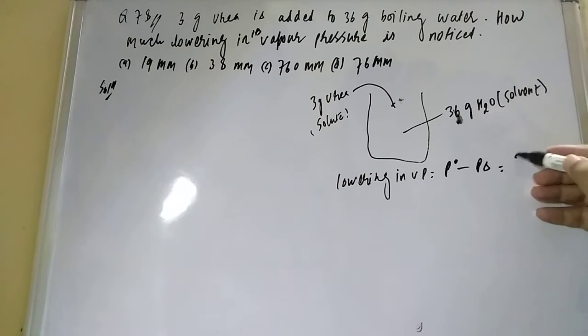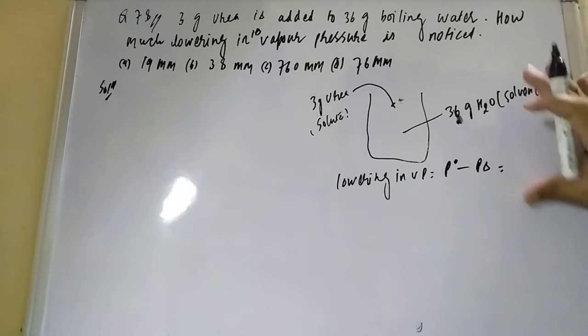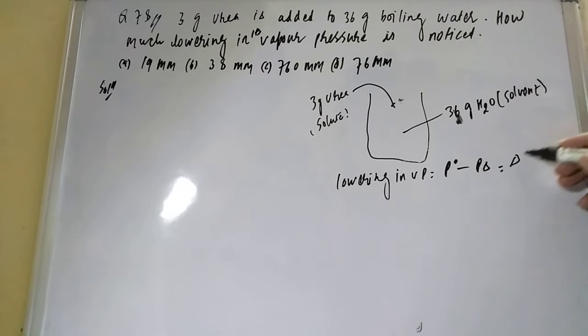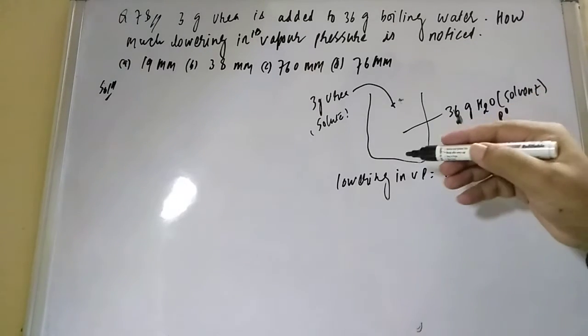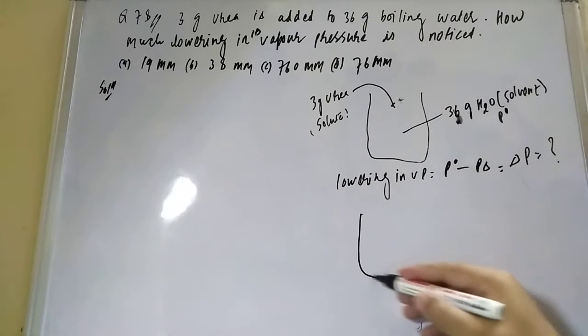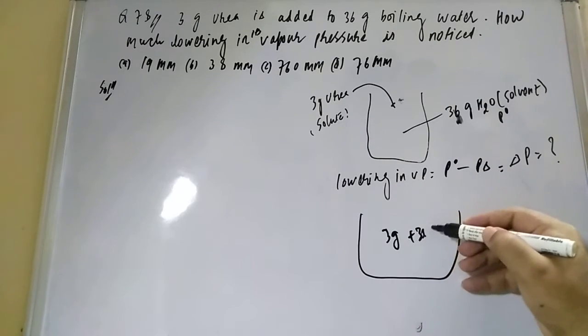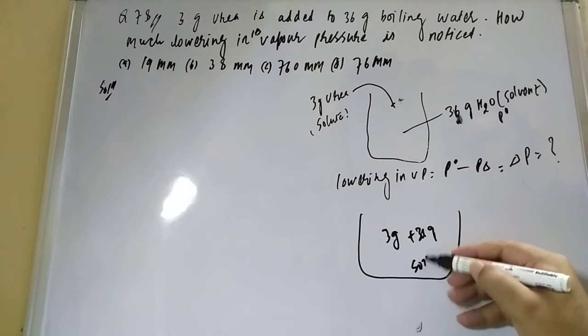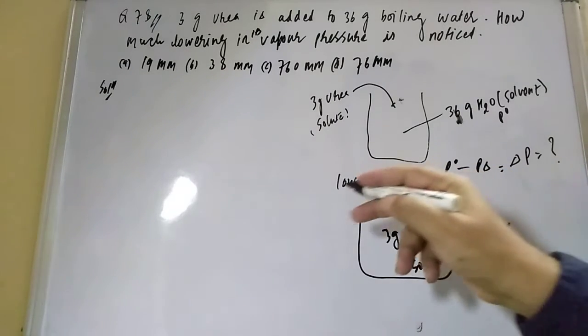Lowering means how much decreases, also known as delta P. The pure solvent has P naught. After mixing, 3 gram plus 36 gram becomes the solution, and this is its Ps. So lowering in vapor pressure is what they are asking.